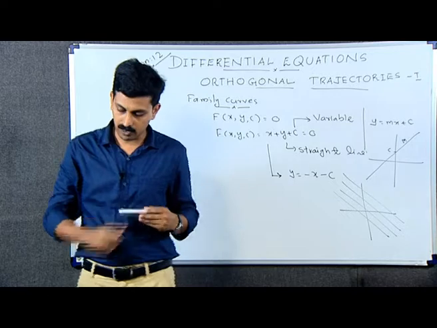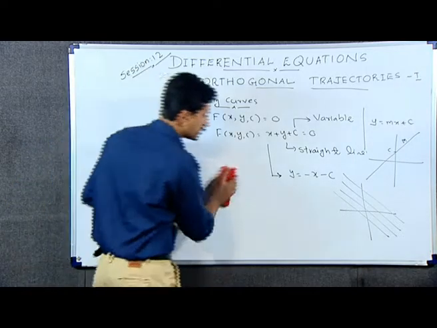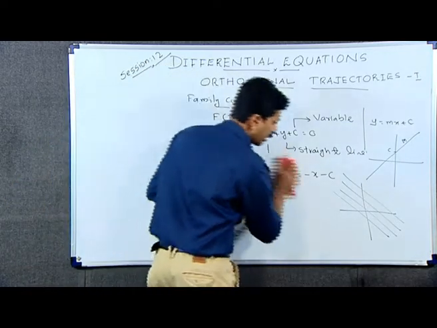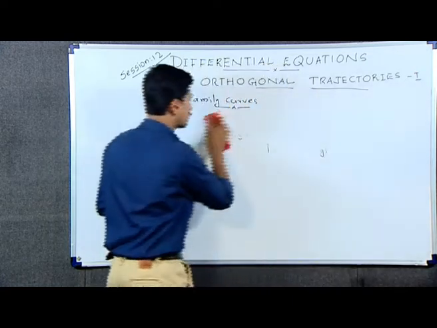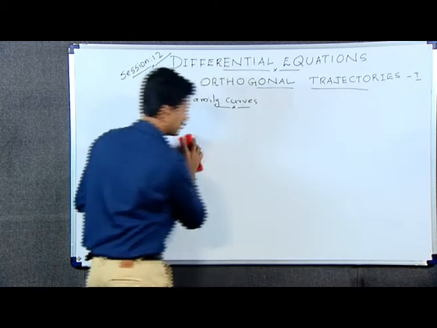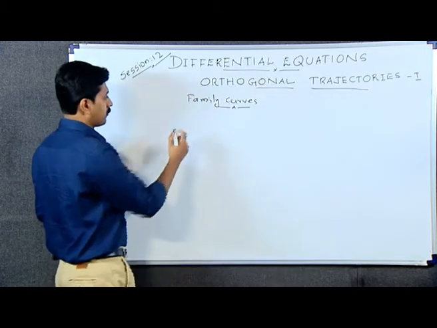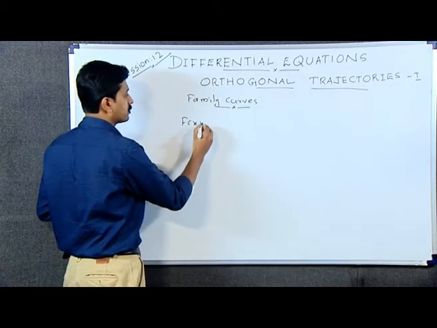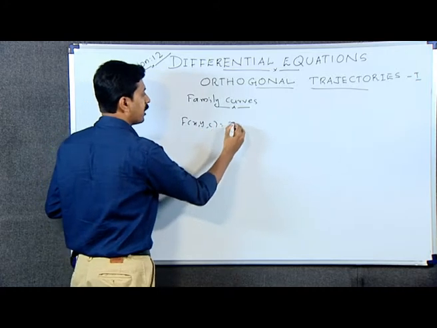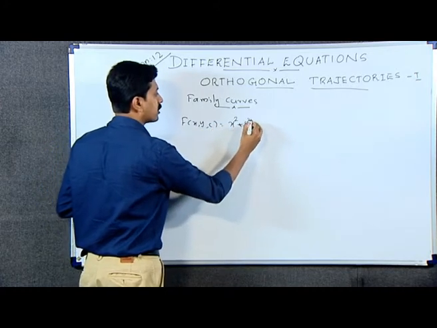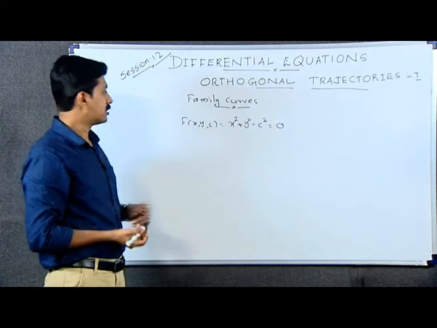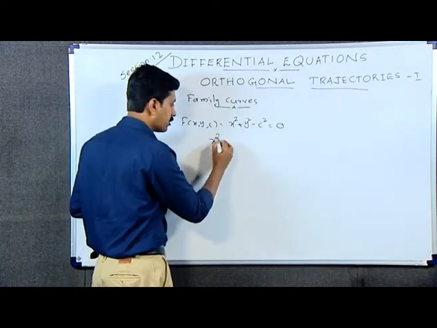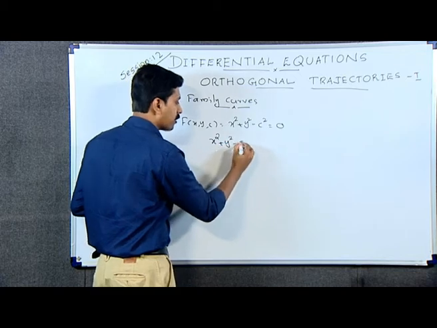While discussing families, we discussed straight lines, and similarly we can have f of x, y, c equal to x square plus y square minus c square equal to 0. Taking c square to the other side, x square plus y square equals c square.